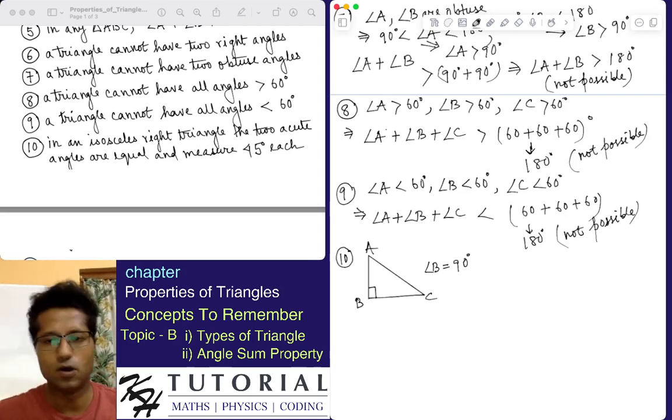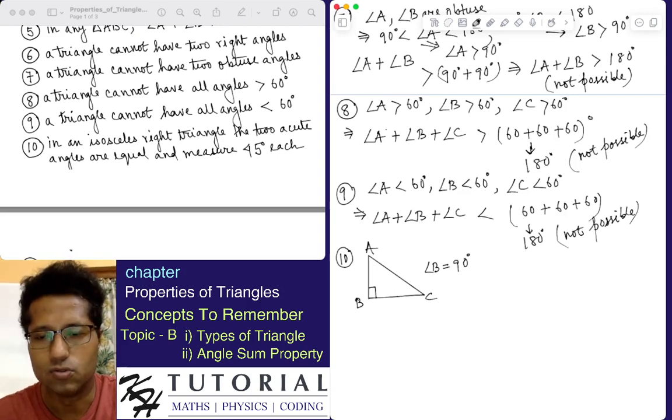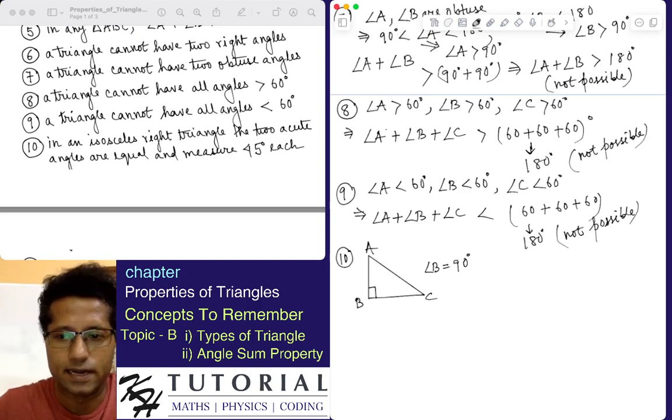That means its two opposite angles are equal. So in this isosceles right triangle, two angles will be the same, and those two same angles cannot be 90 degrees.